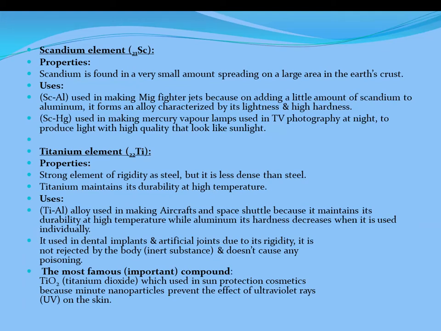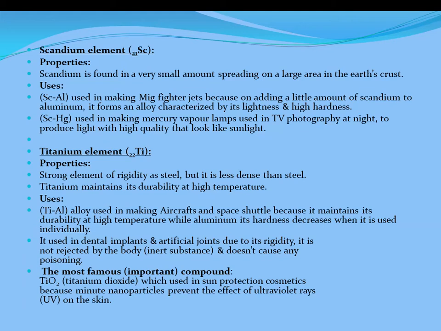Titanium maintains its durability at high temperature. It's used in making an alloy with aluminum to make aircraft and space shuttles because it maintains its durability at high temperature, while aluminum's hardness decreases when it is used individually.